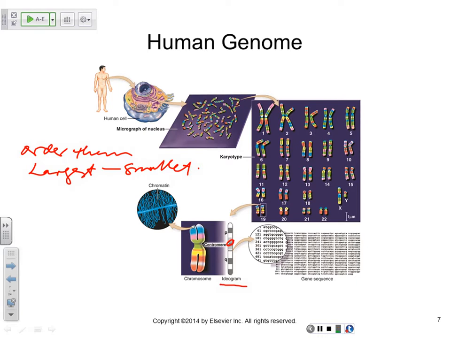But these bands, this rainbow-like banding on the chromosome, what do they stand for? They signify the location of genes on that chromosome.